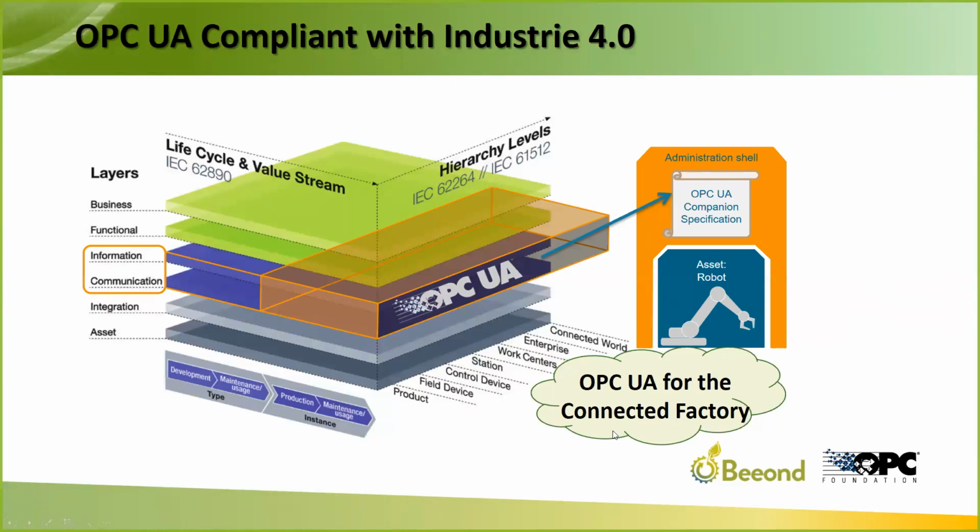The slide diagram that we see here is a representation of the Industry 4.0 RAMI architecture, in which OPC UA is considered the only valid communication protocol to date to comply with Industry 4.0 requirements.